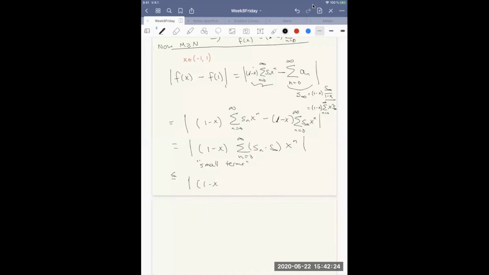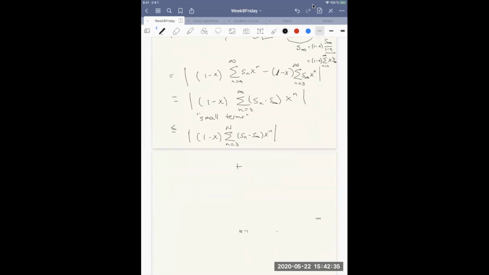So 1 minus x, sum n equals 0 to some capital N, which we have yet to choose, and then terms that are big: 1 minus x, sum n equals capital N to infinity, x^n (S_n minus S_infinity).